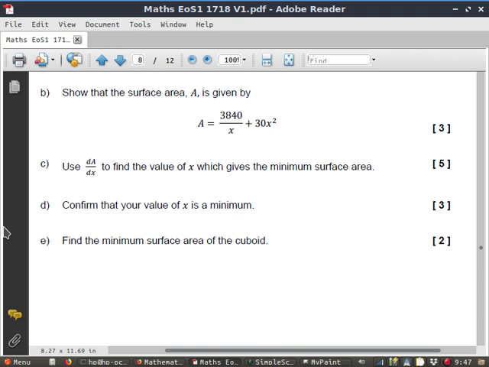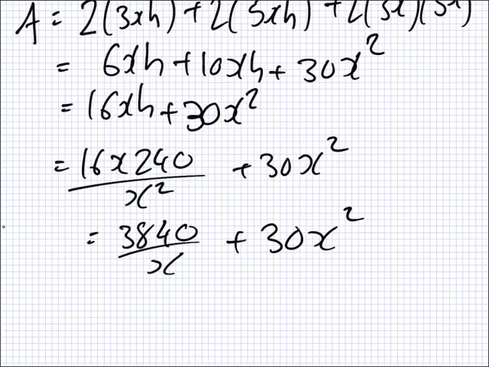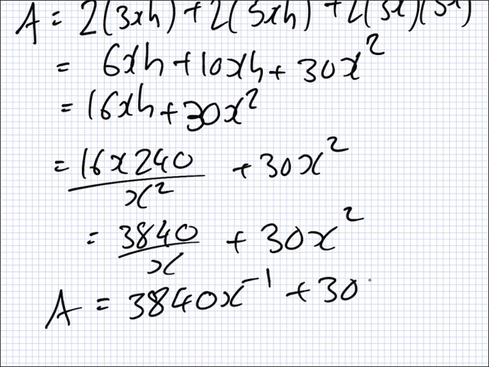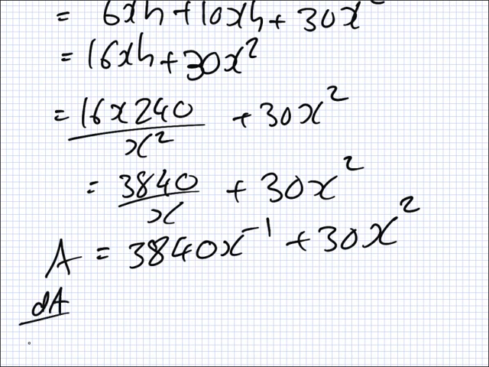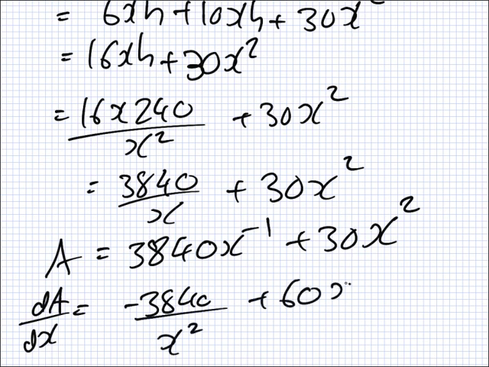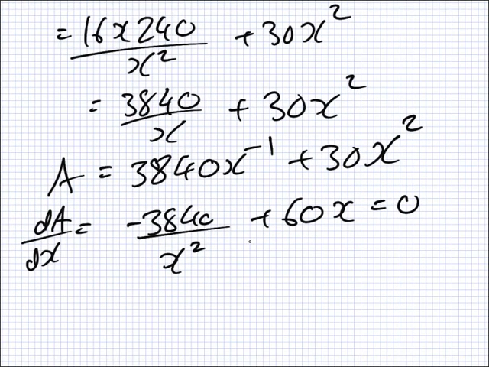Use the derivative to find the x for a minimum. Okay, so I'll just change this into 3840 x power minus 1 plus 30x squared. So dA/dx equals minus 3840 x power minus 2 plus 60x equals 0.